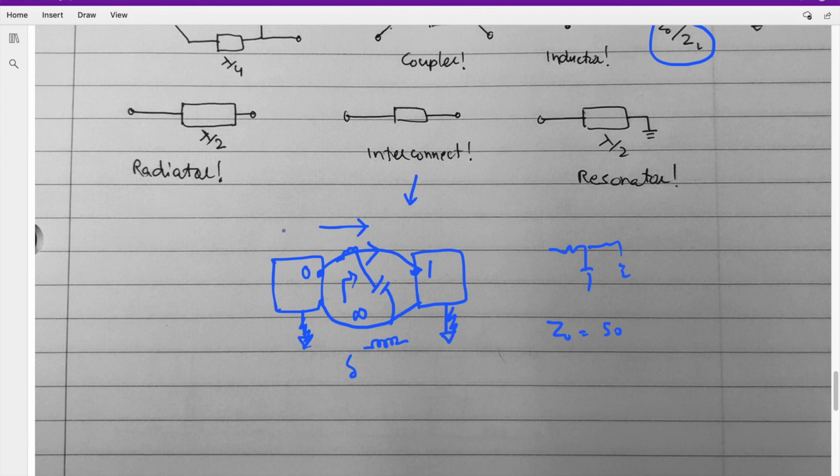So if you design this interface for 50 ohm and this interface also for 50 ohm and connect them with a line of 50 ohms, all of your power should essentially flow to this thing. Nothing should get reflected, and you should not see an open circuit. So this is why we have to use transmission lines. There is no other way. You can't just use one single wire to connect this point with that one.